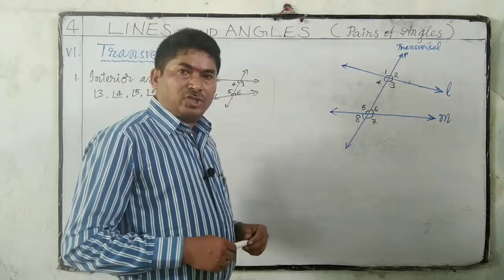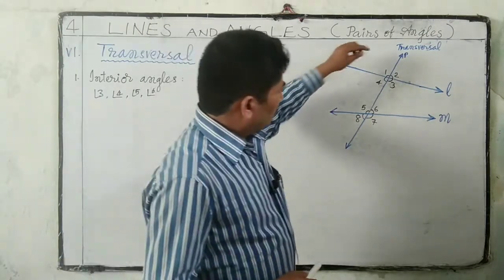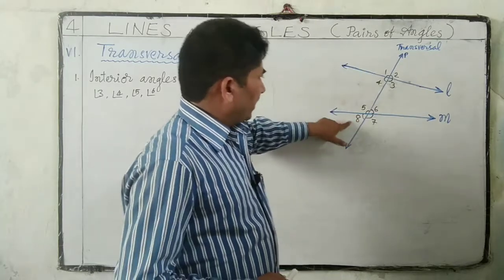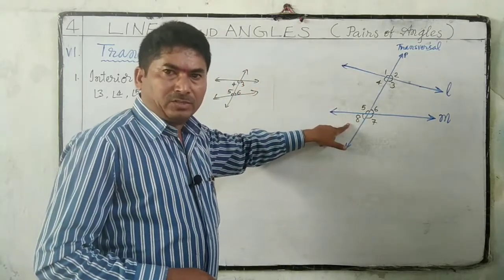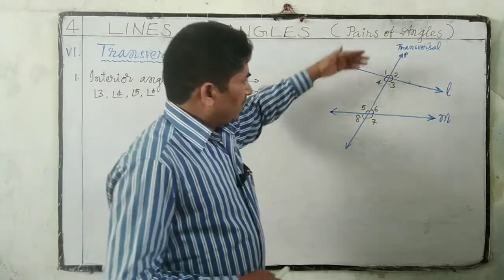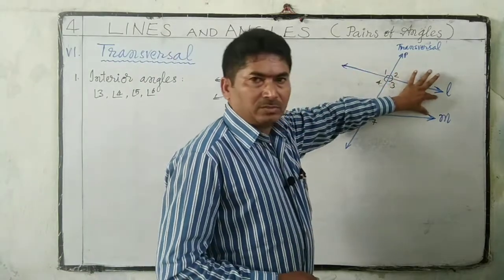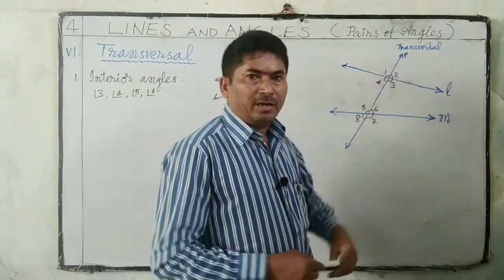Next, exterior angles 1, 2, 7, 8. The angles which are outside of the lines are called exterior angles.